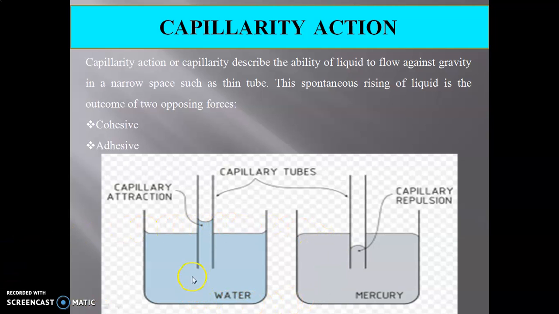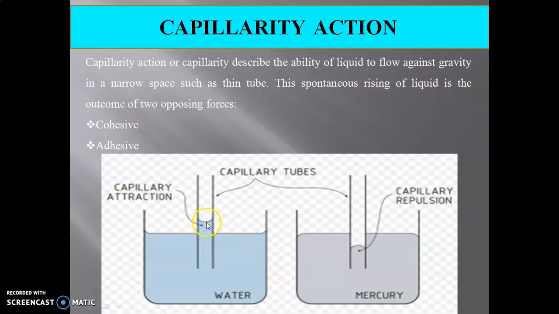In these two figures, this has been clearly shown. In the first beaker, there is water and the capillary tube is dipped in it. Whereas in the second beaker, there is mercury and the capillary tube is dipped in the mercury.